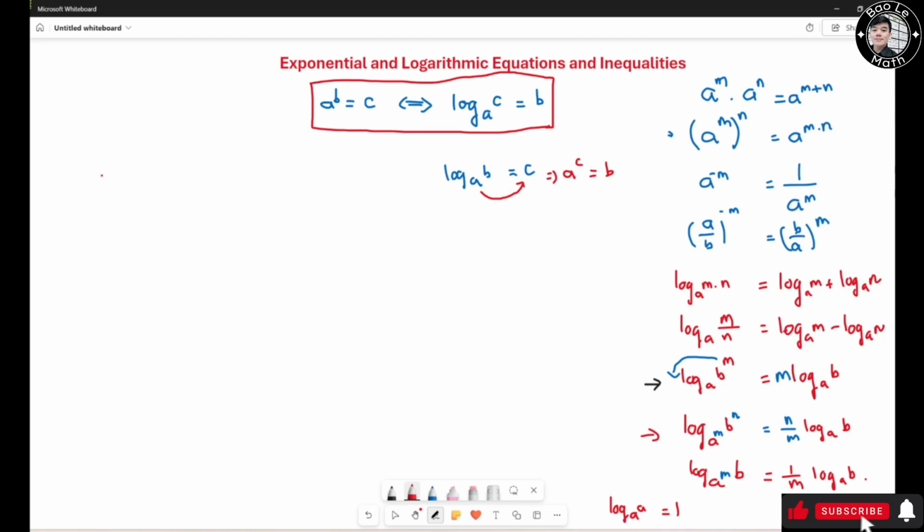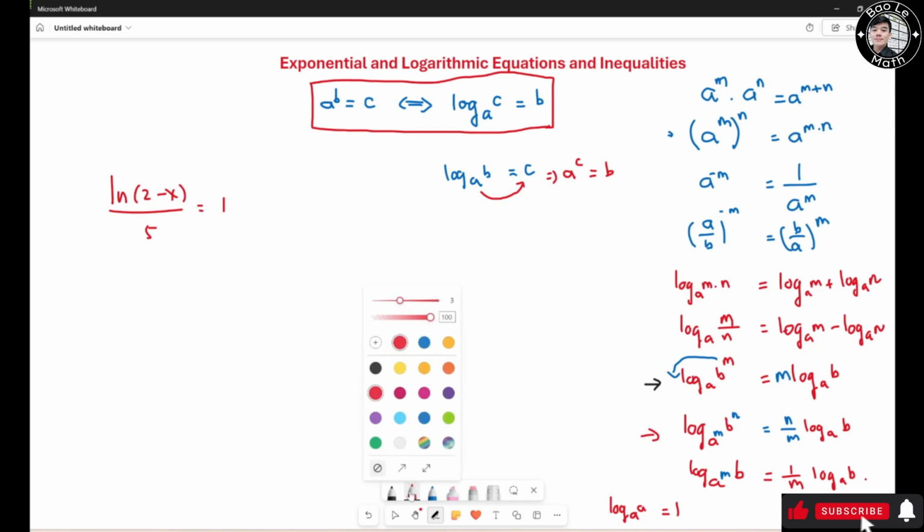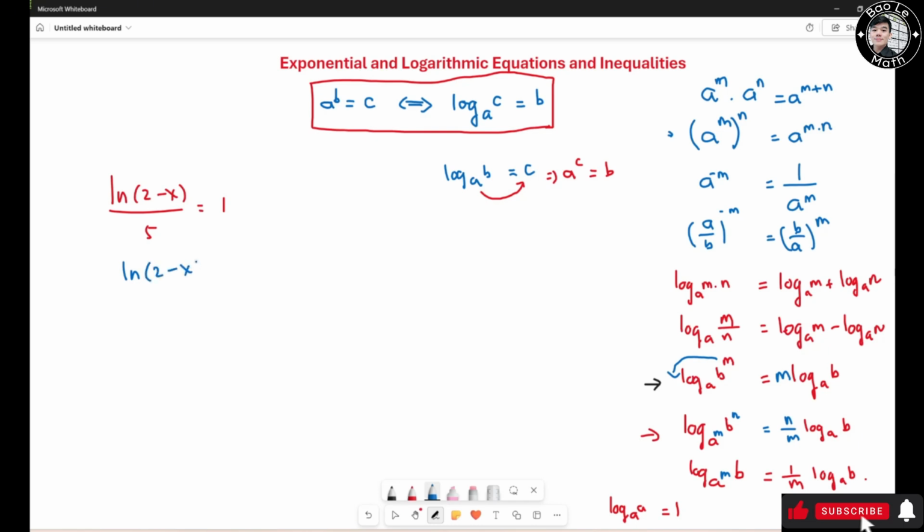For example, we need to solve natural log of 2 minus s over 5 equals 1. Alright, so you need to isolate natural log of 2 minus s by multiplying both sides by 5, right? So natural log of 2 minus s equals 5, right?